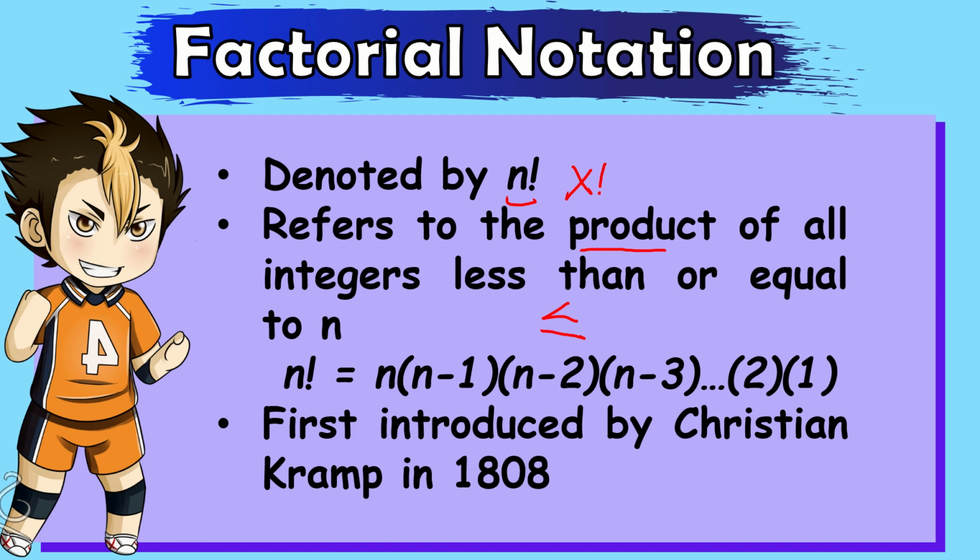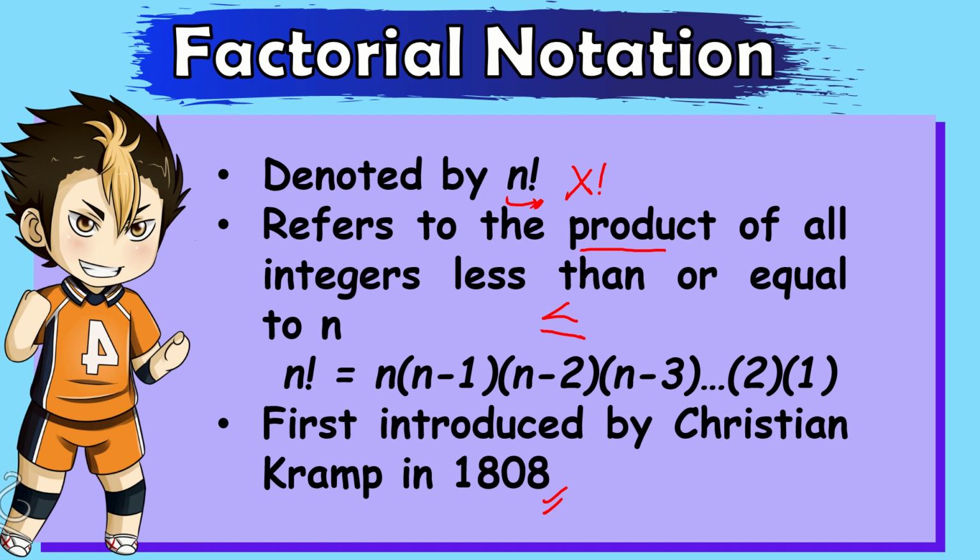Now, it was first introduced by Christian Kramp, who is a French mathematician po noong 1808. So again, kapag sinabi natin factorial notation, i-multiply lang natin pababa yung lahat ng numbers hanggang makarating tayo kay times 1.